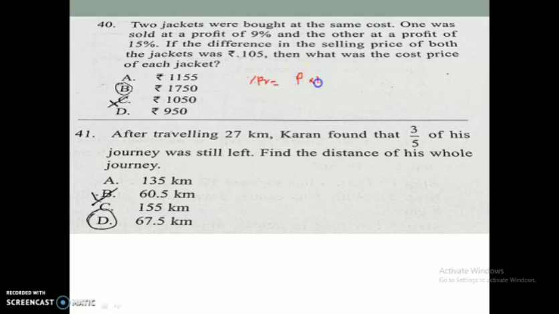So percentage profit is equal to the profit into 100 divided by the cost price. Use this formula 2 times, for the 9% and for the 15%, so you will get two equations. Here we have one cost price, but two different selling prices, and the difference between the two selling prices of the jackets is given as 105 rupees.